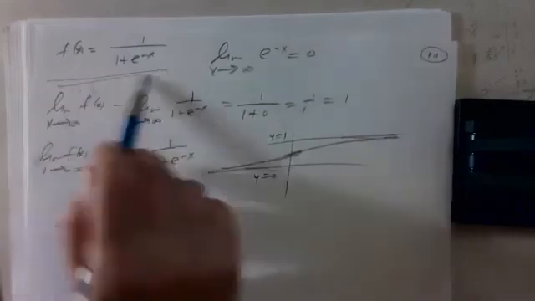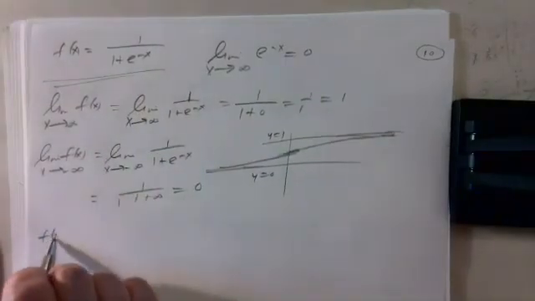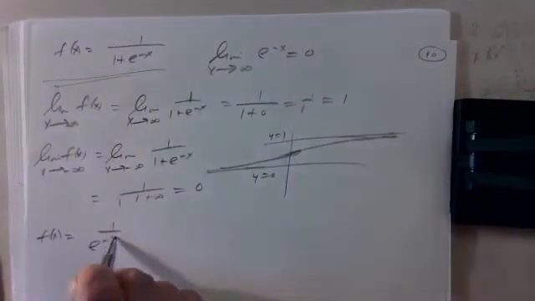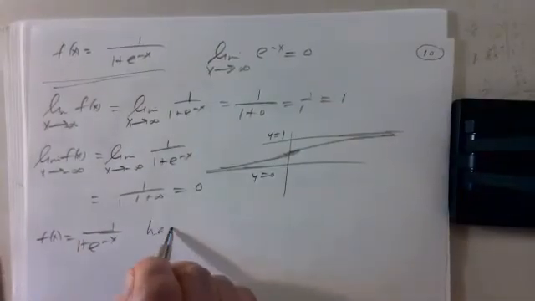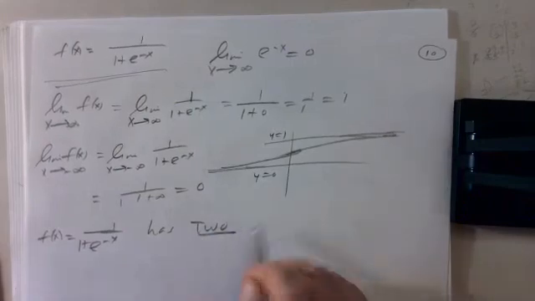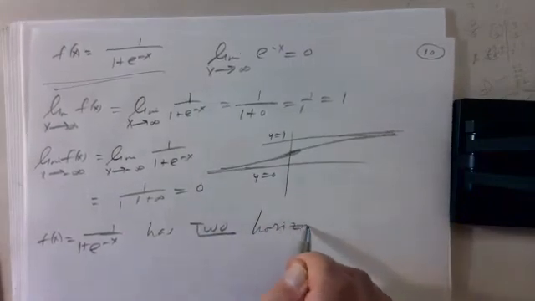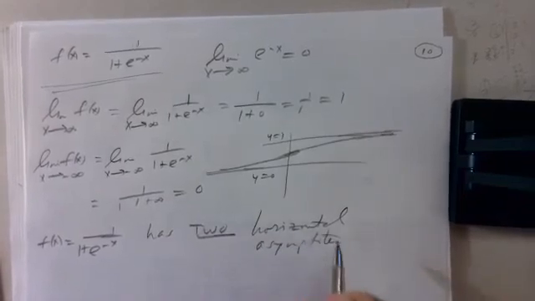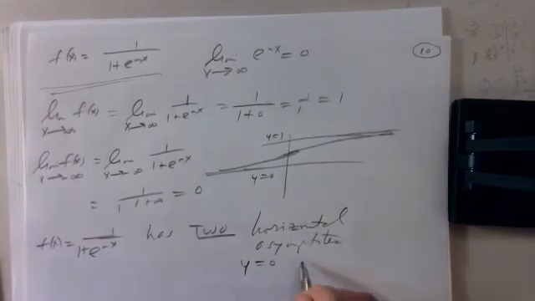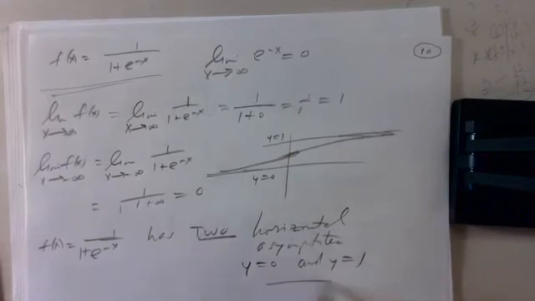So this function, f of x equals 1 over 1 plus e to the minus x, has 2 horizontal asymptotes, y equals 0 and y equals 1.